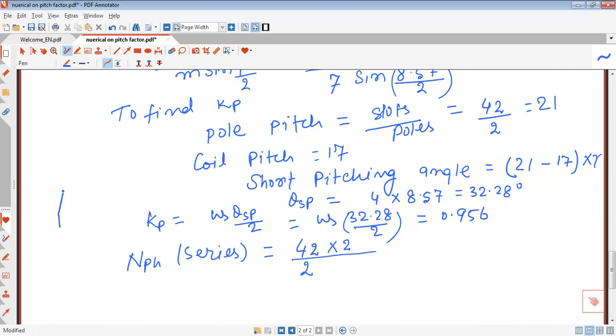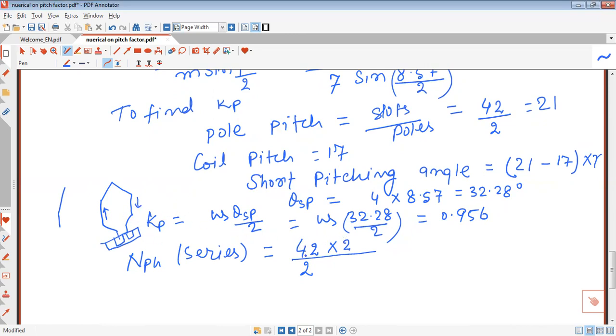If we see here, we can also understand this. Let me explain it again. Suppose these are our slots, and a conductor is put here and another conductor in this slot. So this is one conductor, this is another conductor. So in one turn there are two conductors. We have to find turns.